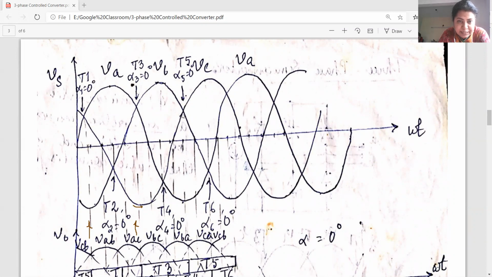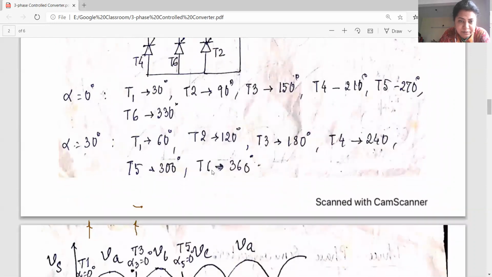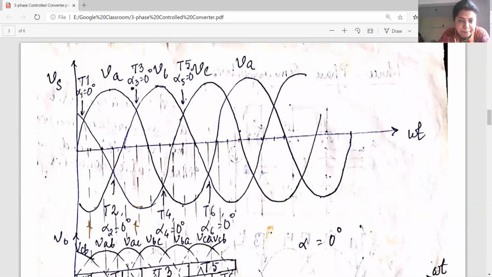Again, from omega t equal to 270 degree to omega t equal to 390 degree, VC is maximum positive. If VC is maximum positive, that means T5 is forward biased.